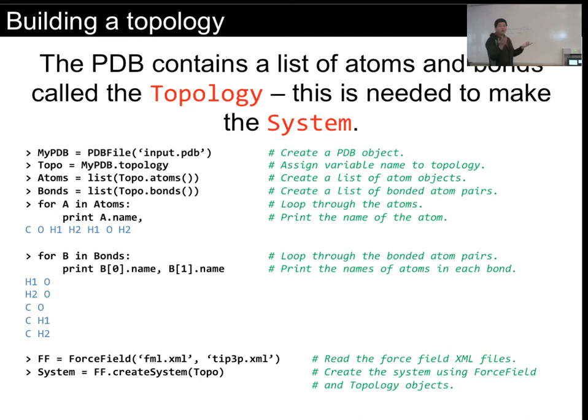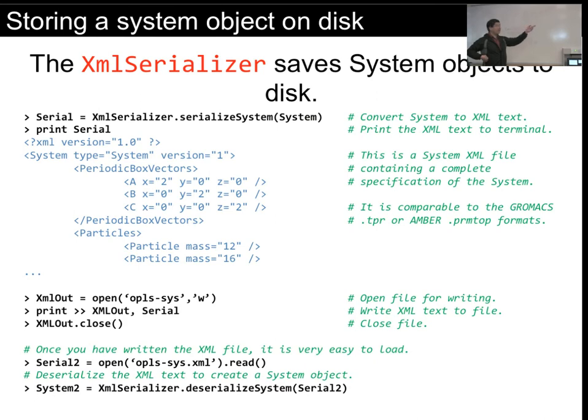So I've created a new variable where I've extracted the topology object that's inside the PDB object. And the topology object contains a list of atoms and a list of bonds, which I've gotten on the third and fourth line, and I can print them out. So that's what's used to create the system. And once I have the topology object and a force field object, I can create the system, which is on the bottom line here.